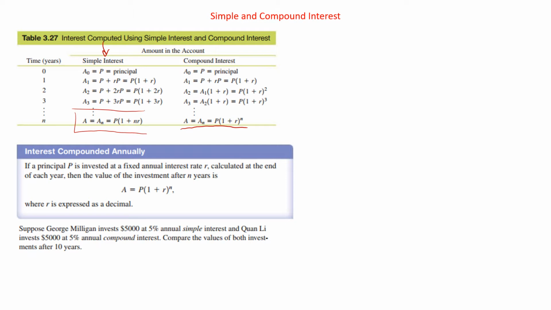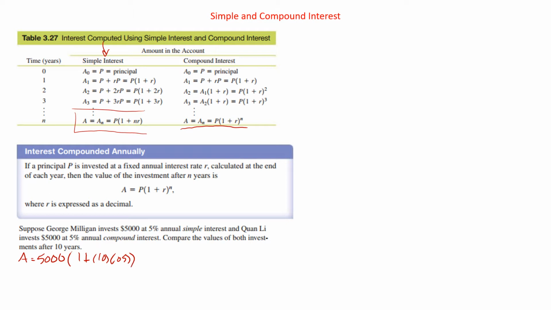So George is going to have his principal, 5,000, and then times 1 plus n, which is 10, times the rate, which is 5%, so 0.05.